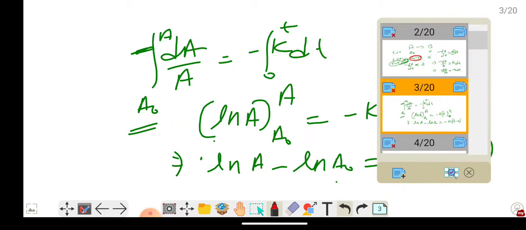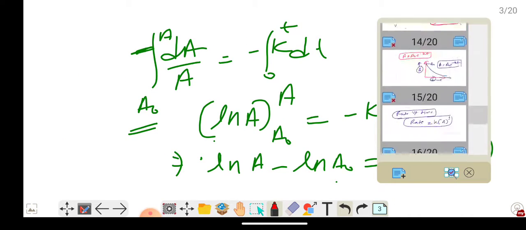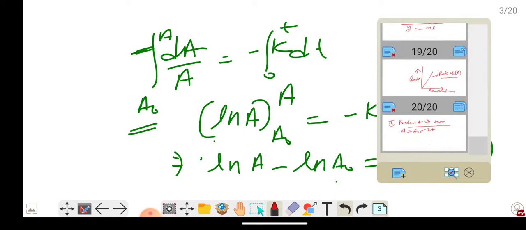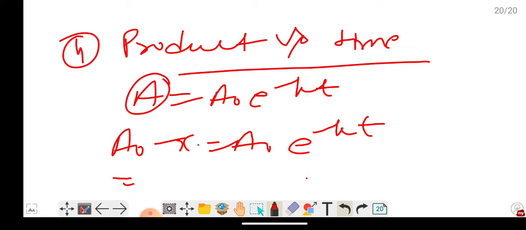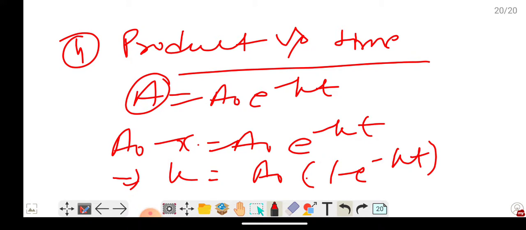So putting A naught minus x here, A naught minus x is equal to A naught e to the power minus Kt. This implies x is equal to A naught into 1 minus e to the power minus Kt.